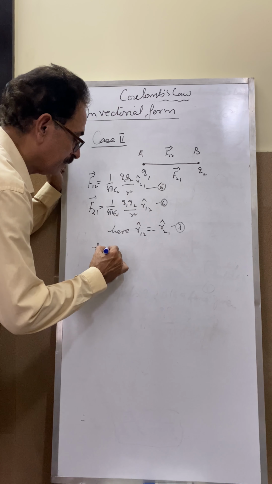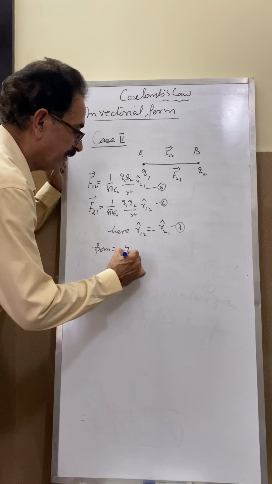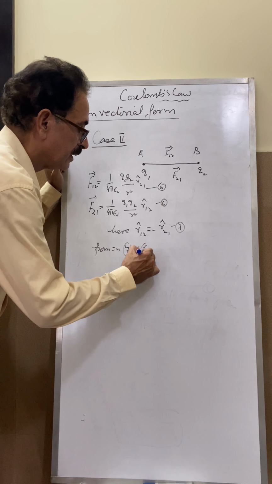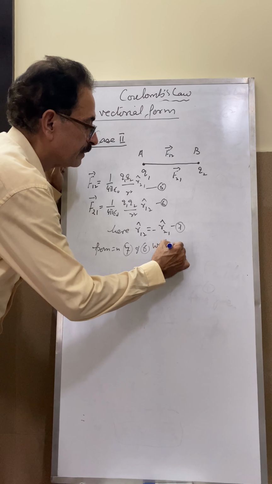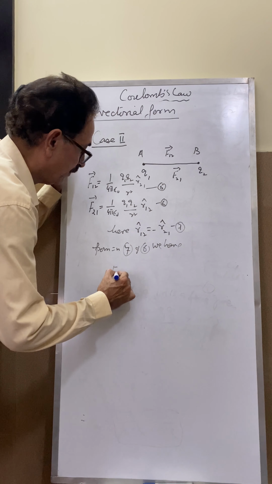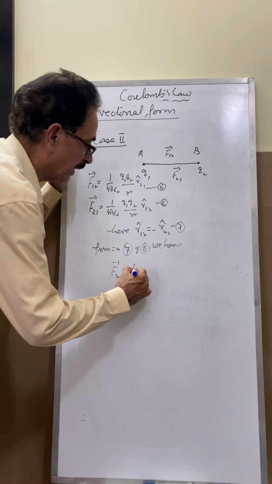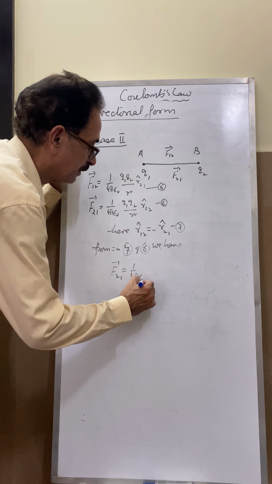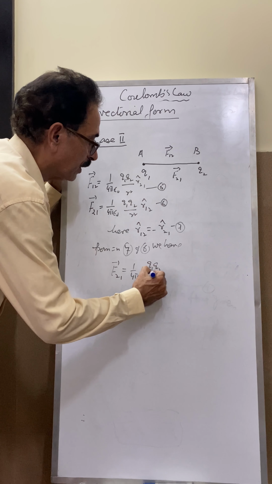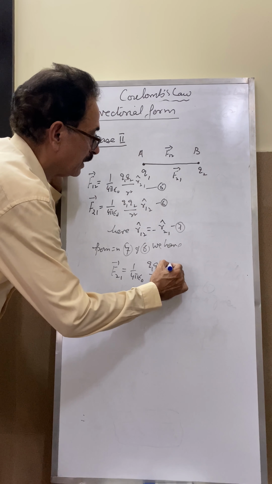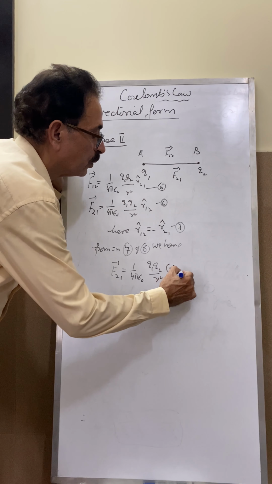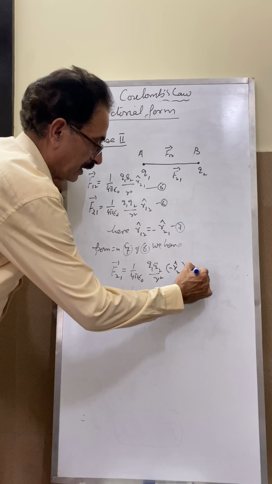From equations 7th and 6th, F21 can be written as 1/4 pi epsilon naught Q1 Q2 upon R square, then minus times R21 cap. This we call 8th.